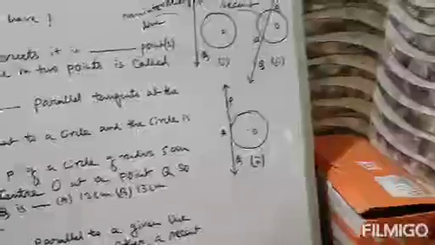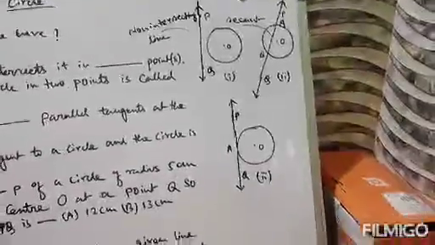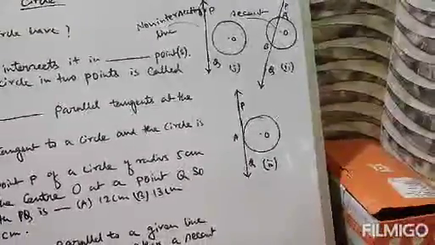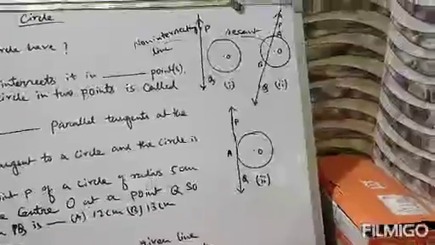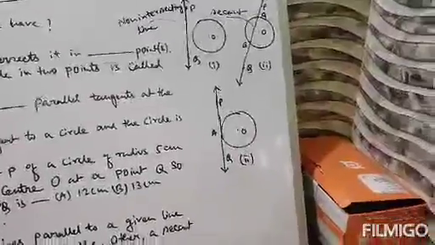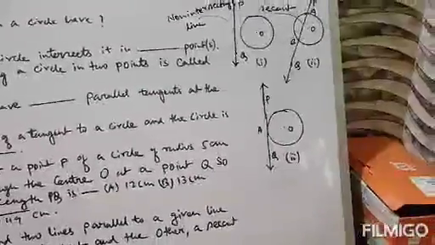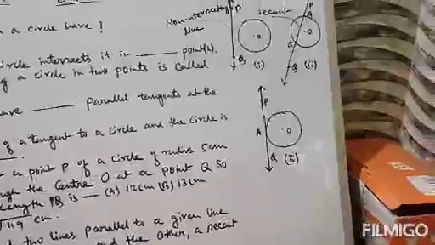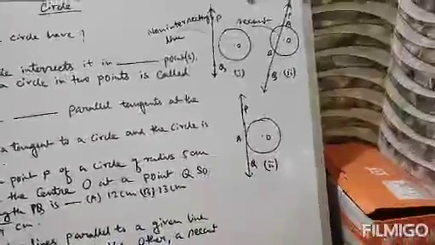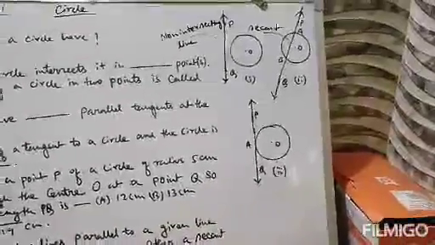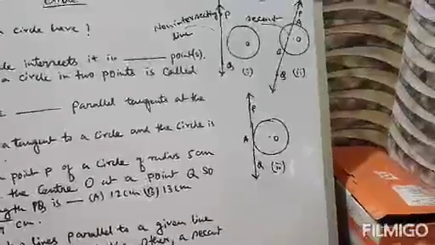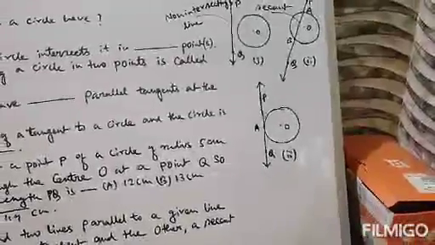Next, in the third figure, there is only one common point between the line PQ and the circle, and the common point is A. The line PQ just touches the circle at point A. Clear?